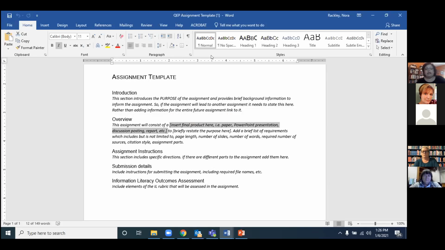List of requirements, including but not limited to page length, number of slides, number of words, required number of sources, citation style, assignment parts. One of the things that I added purposefully to that bad rubric was length, and we never told them how long it would be, right? Not even in the rubric does it say. But we're judging them on length without telling them how long it needs to be.